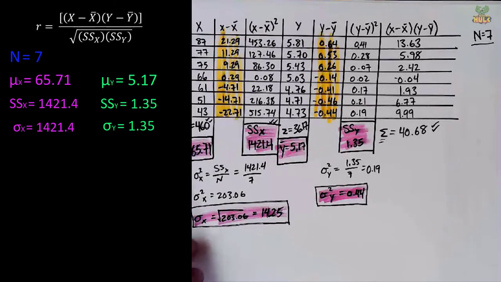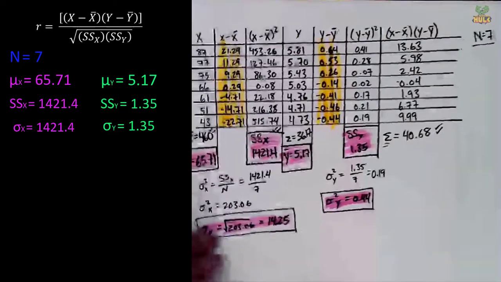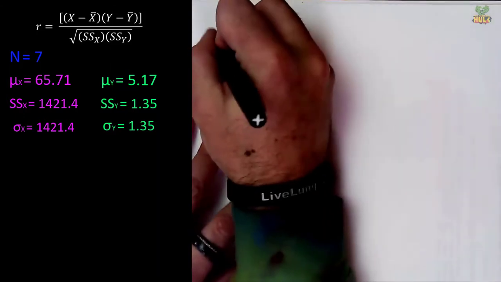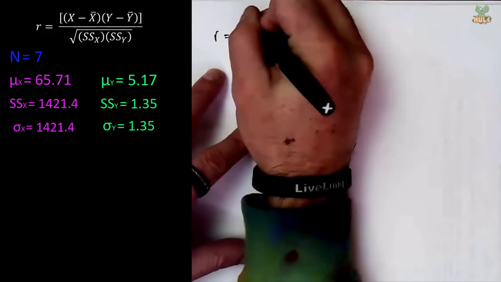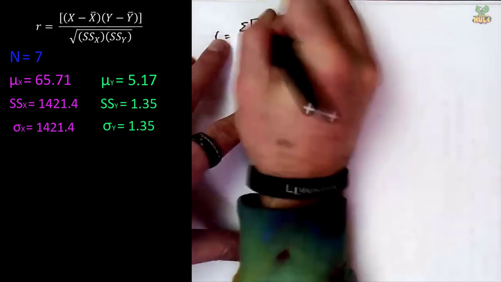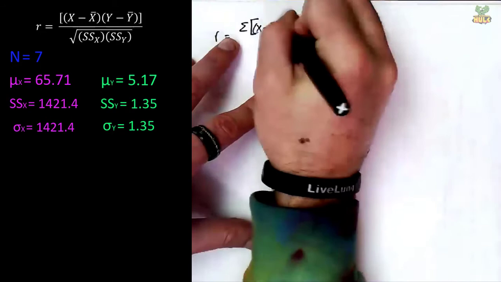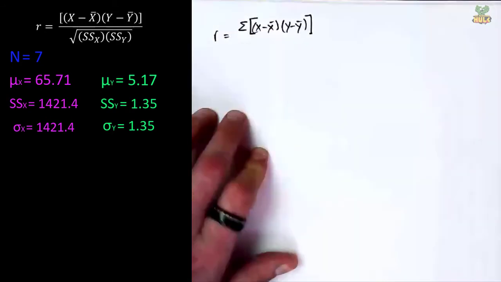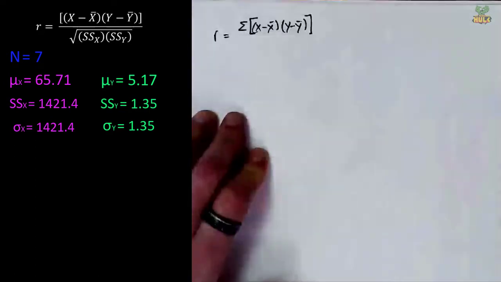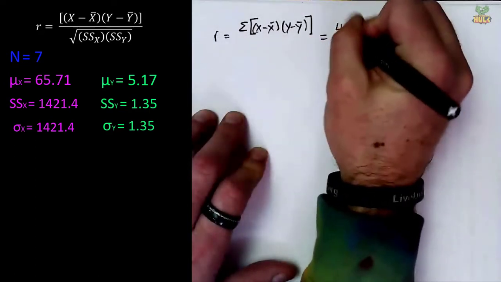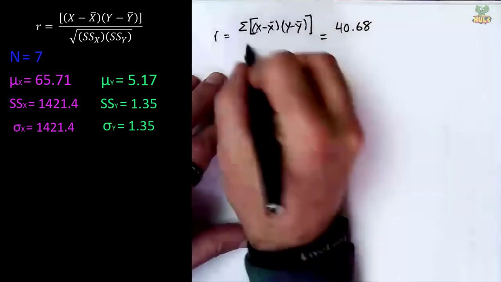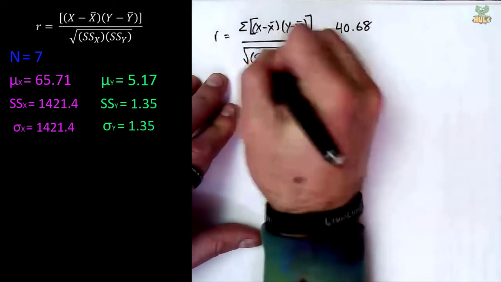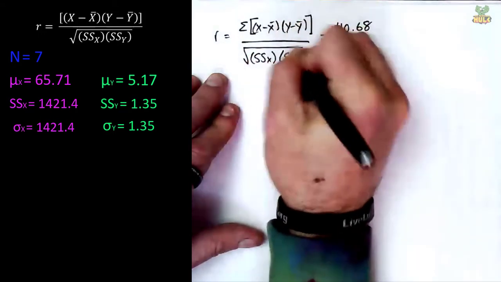So I'm going to go ahead and get a new piece of paper for this one. Let's start here. The correlation coefficient r is equal to the sum of (x minus x bar) times (y minus y bar), right? We did that before. That's what we just did right here. So we can write that over 40.68, divided then by the square root of sum of squares x times sum of squares y.